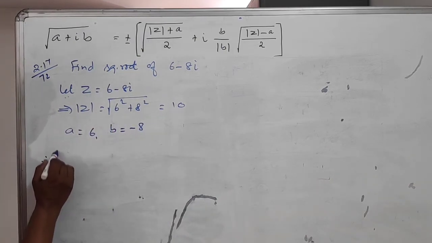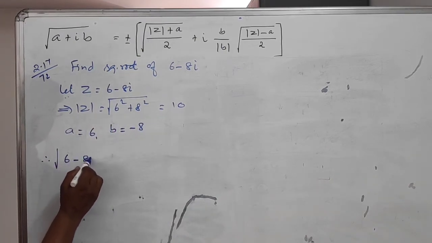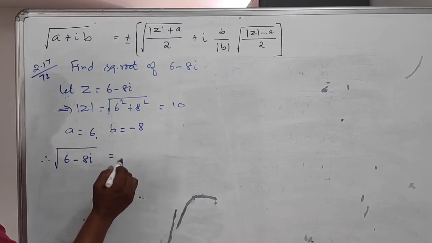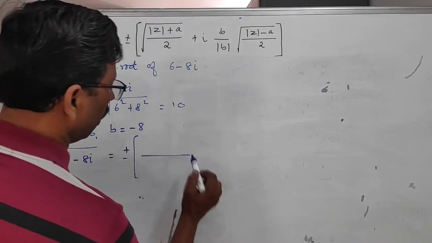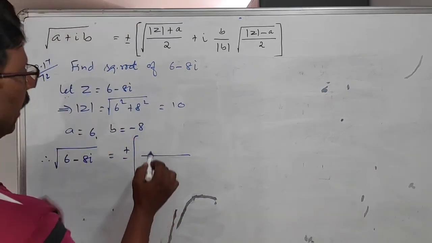Therefore, we can write the root of 6 minus 8i is equal to plus or minus root of modulus z. What is the modulus z? 10.